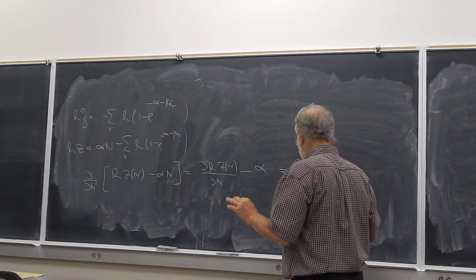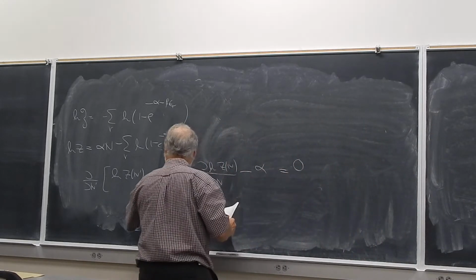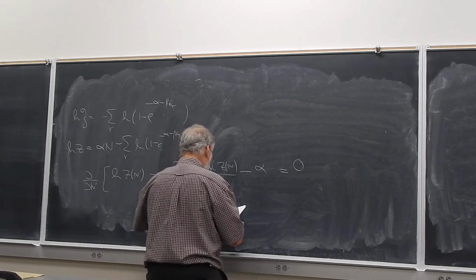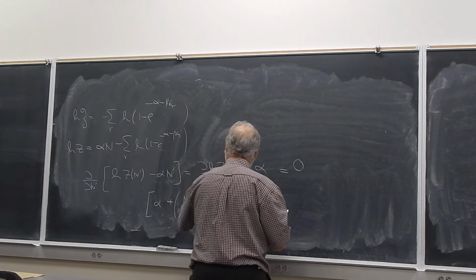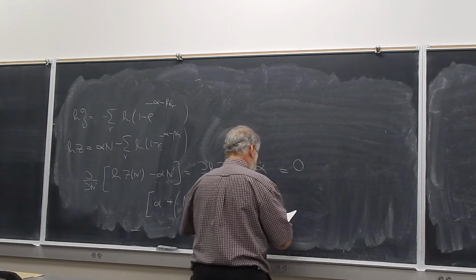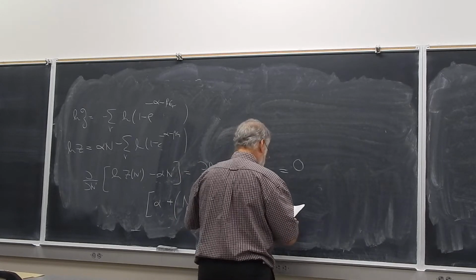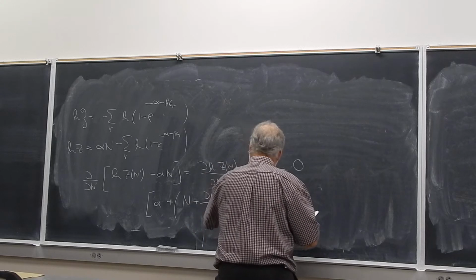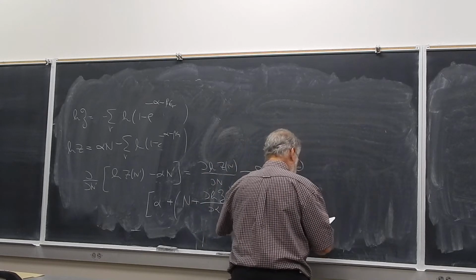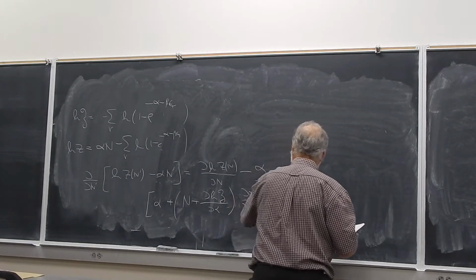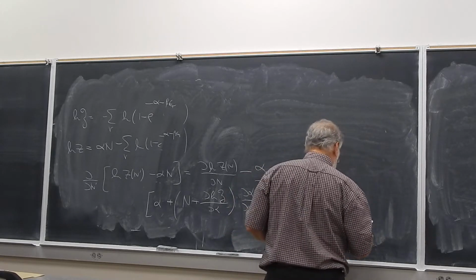So we can say the following: alpha plus the quantity n plus d log grand partition function d alpha times d alpha dn minus alpha is equal to 0.